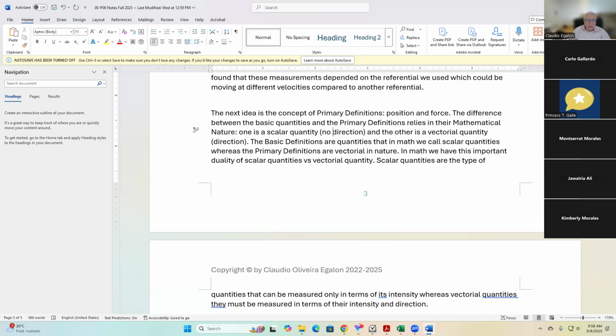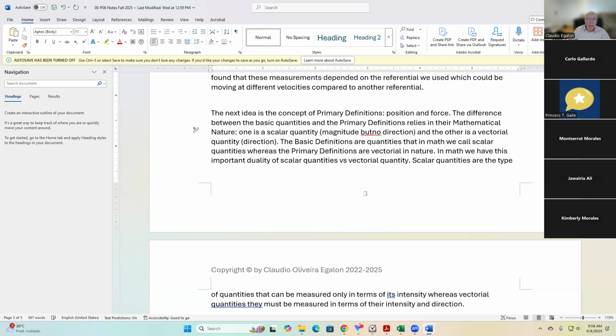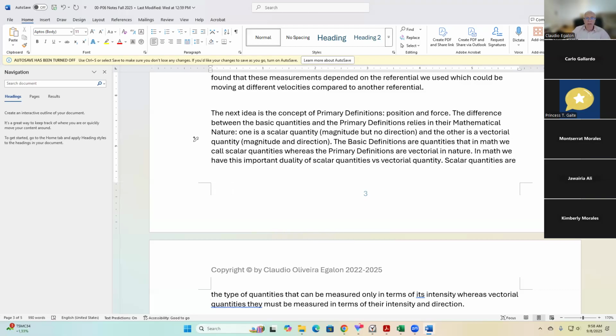A scalar has a magnitude, but no direction. A vectorial quantity has a magnitude and direction.